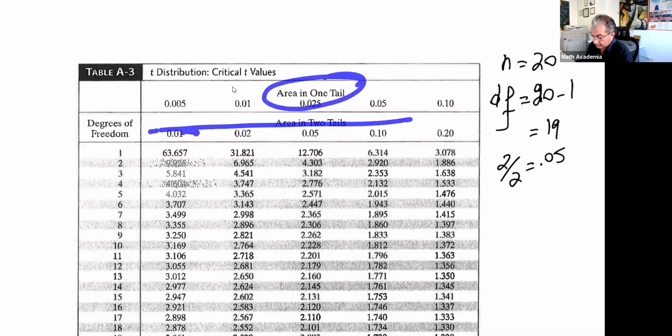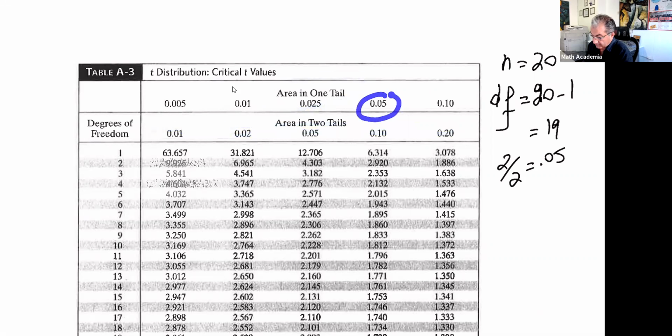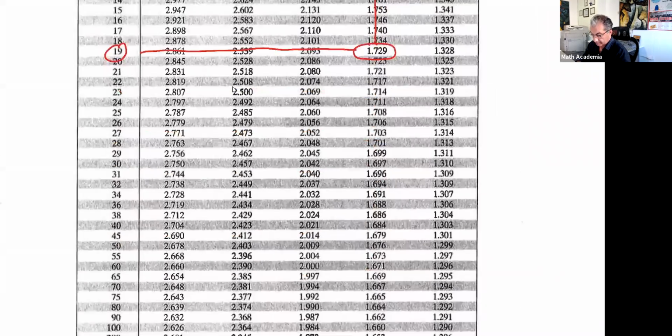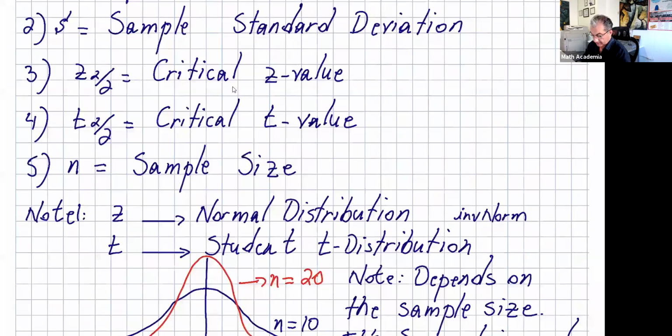Again, do not worry about that. 0.05, and degrees of freedom is 19, and you read that value. So it was 0.05 and 19. And let's see what we get. 1.792. So let's go up and check the answer.